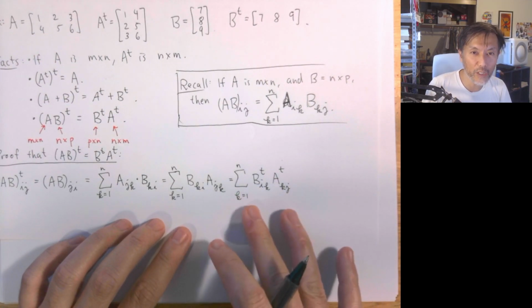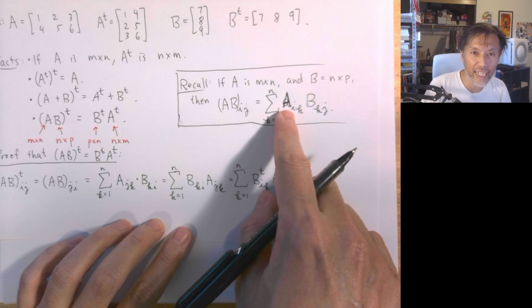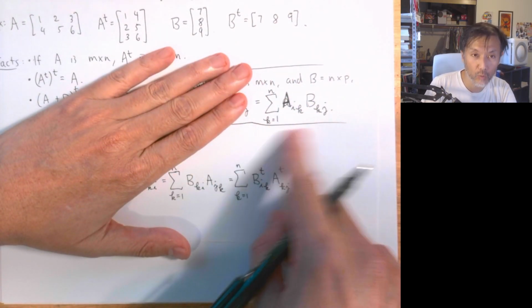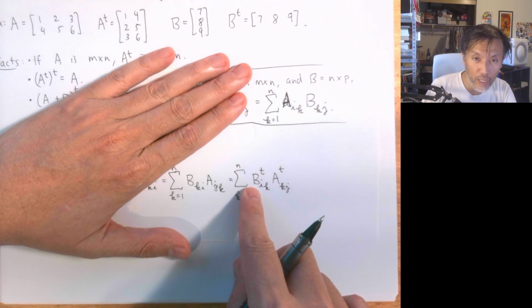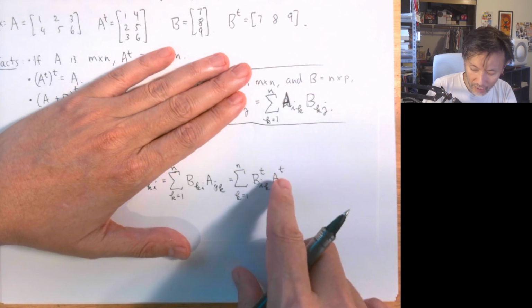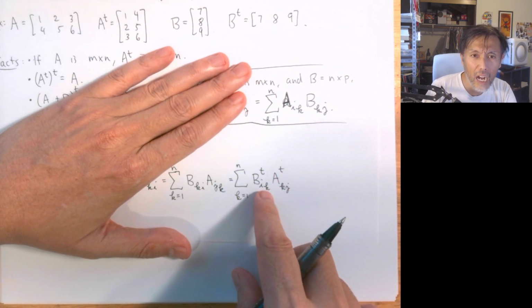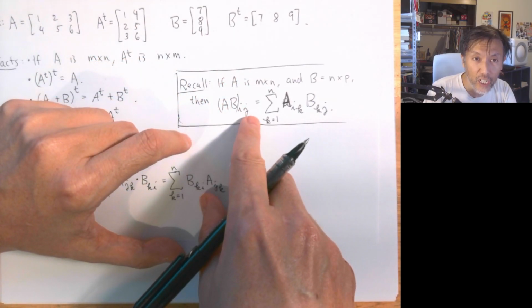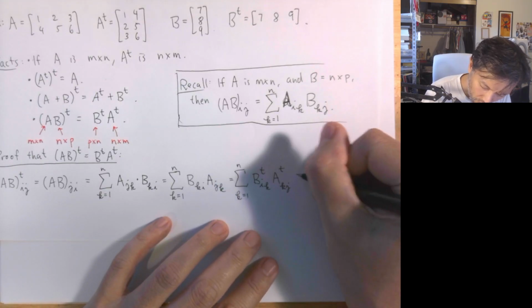But now we can use this again, where B transpose is playing the role of big A, and A transpose is playing the role of big B. That's the ijth entry of the product of B transpose with A transpose.